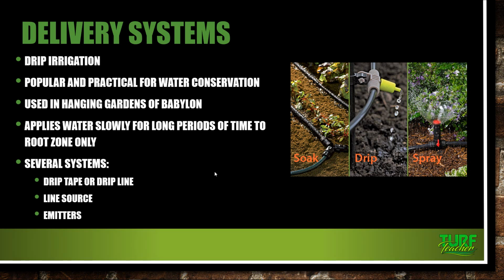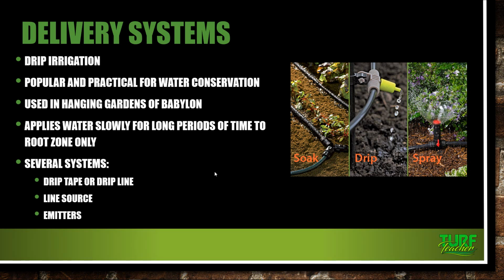And then there's several system types. There's the drip tape. They're thin-walled hoses with periodic holes, roughly every 12 inches or more, for water to drip or ooze out of. Then there's a line source that disperses water all along its length, basically like a soaker hose. And then we have our emitters.